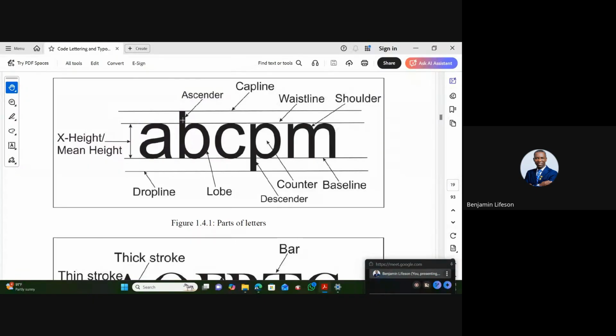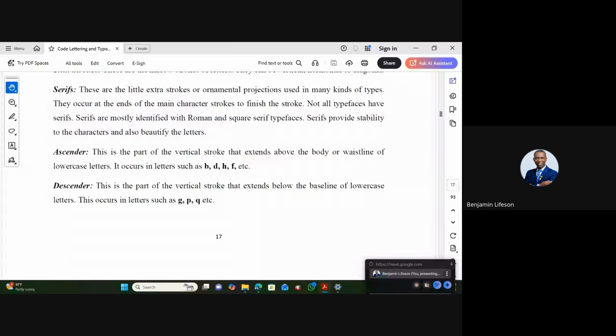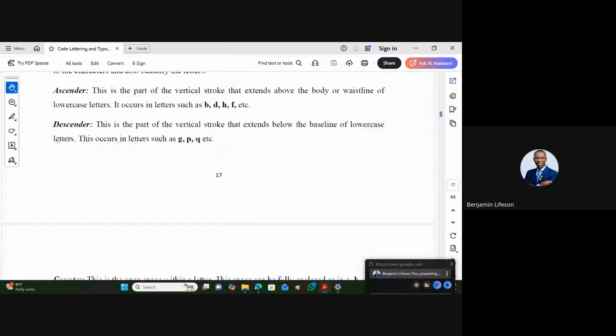So, the part rising above X height. For example, B, H, D are all ascenders. So that is that.